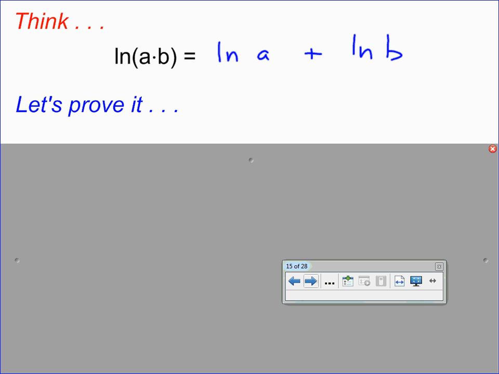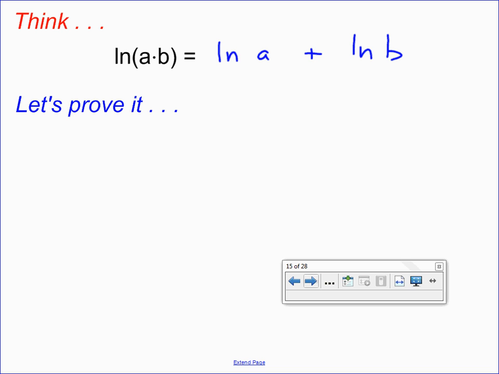And so on our note sheet, let's let x equal ln a, and let's let y equal ln b. Then the invisible base on natural log is what? e.